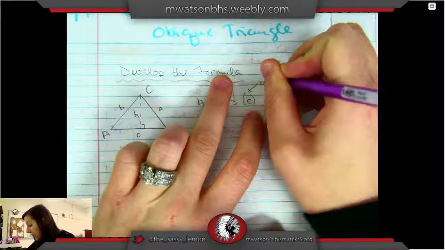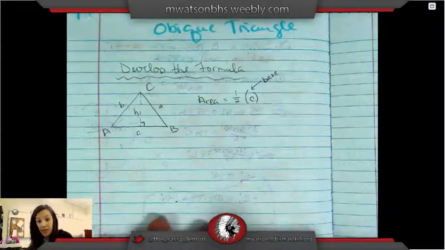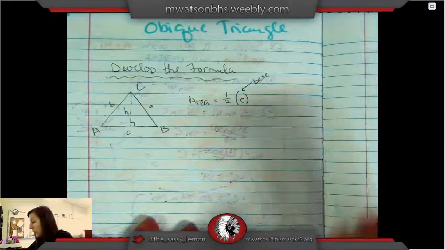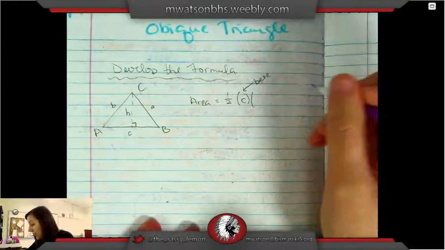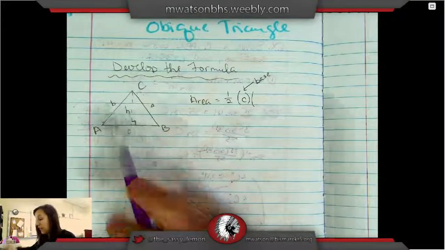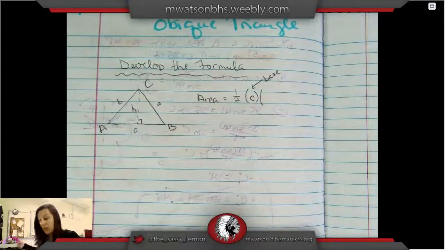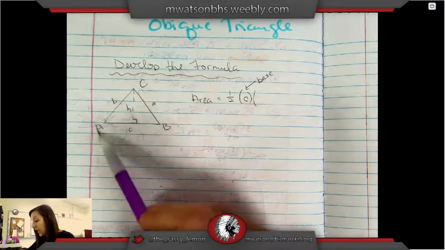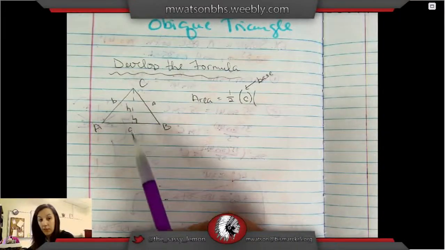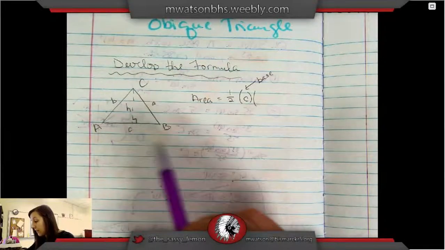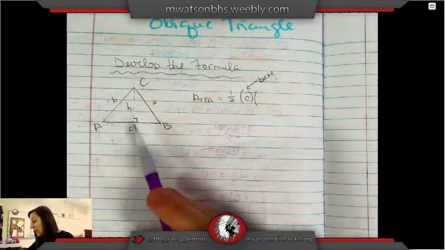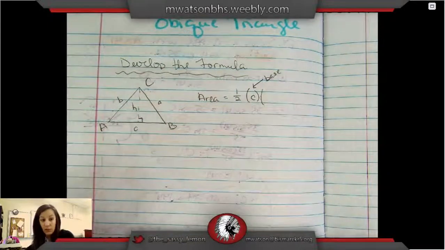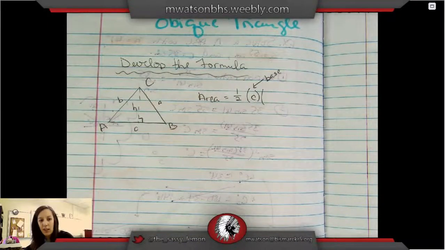I'm going to label that here. This is my base, and we're supposed to do times height. But if we just plug in h here, we don't know what h is. Because in our triangle, we're going to be given all of these values: A, B, and C for the vertices, and then a, b, and c for the side lengths. So h does us no good. We don't actually know what h is. But we can use trigonometry to tell us what h is.